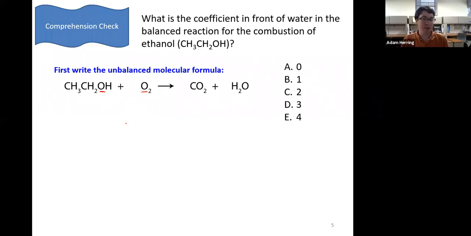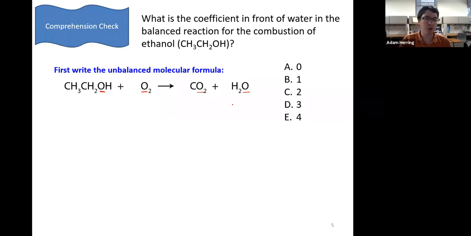Therefore, trying to balance the chemical equation using oxygen first would be very, very difficult. It's made even harder by the fact that oxygen shows up in two different products. So we need to identify one element that shows up only in one reactant and one product. Notice that carbon is only in ethanol and it's only in carbon dioxide. Hydrogen is only in ethanol and only in water. So either carbon or hydrogen would be a good choice.